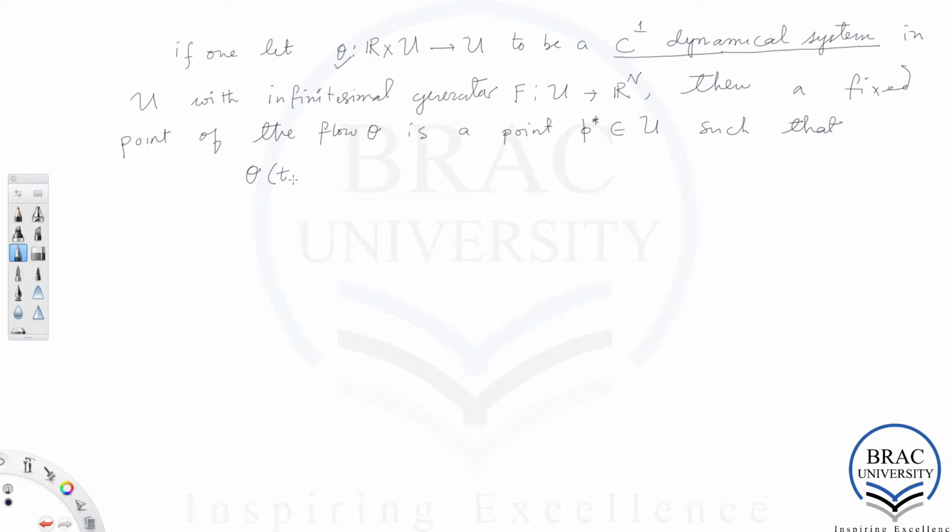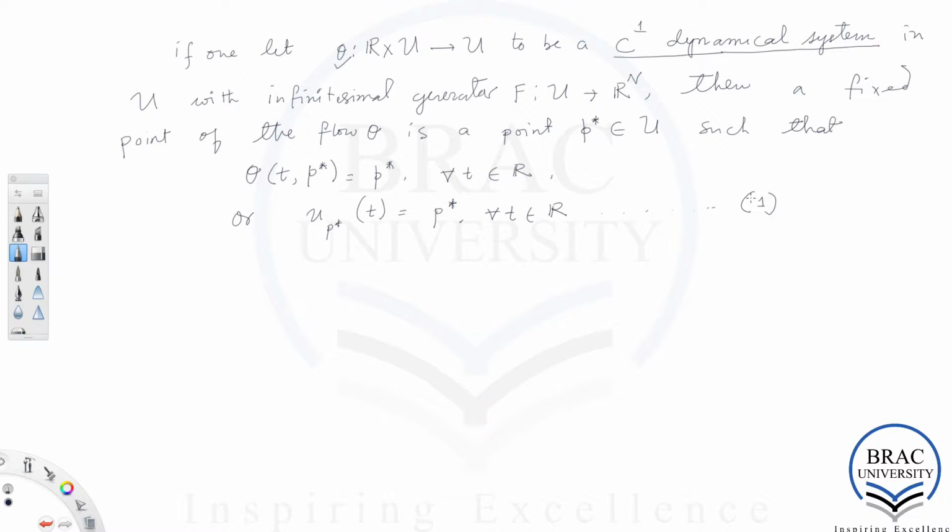Theta of T comma P star should be just P star for any time in the set of real numbers. Or it can be rewritten as U P star evaluated at T should be the same as the point P star. It also holds for any time. This is our equation number 1.